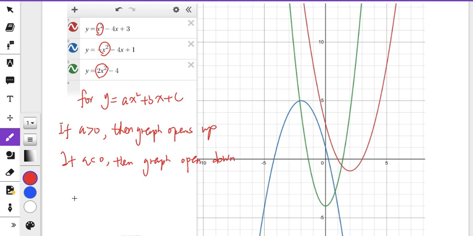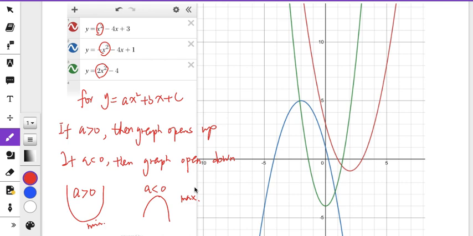And we can easily use a graph to demonstrate that. So a greater than 0, it's like this, and a less than 0, it looks like this. In this case we have a minimum value, and in this case we have a maximum value, because we are looking at the top or the bottom of the graph.